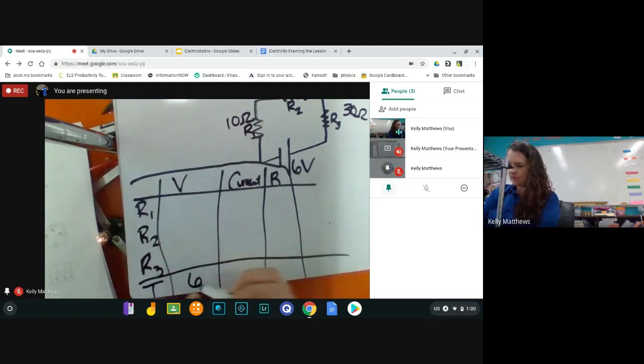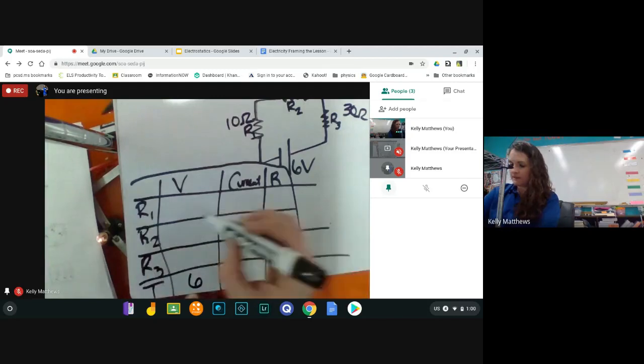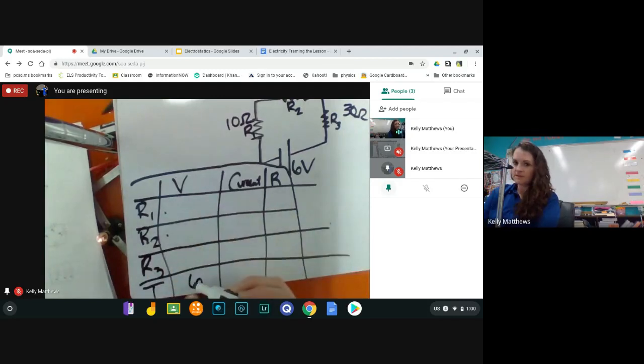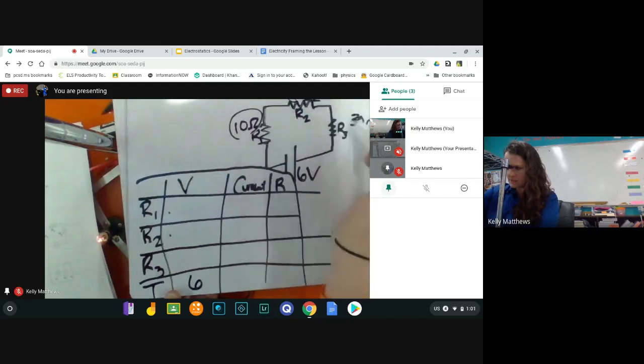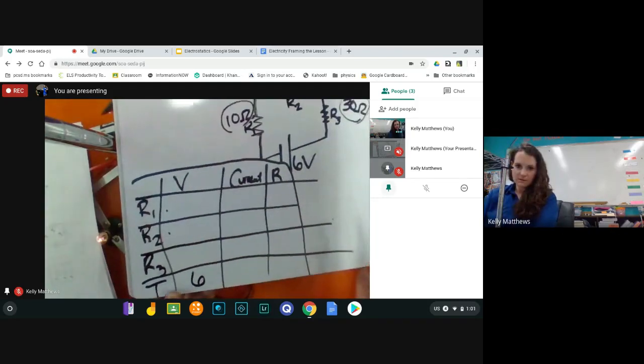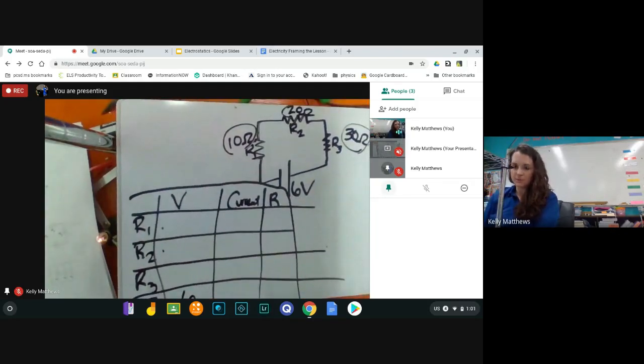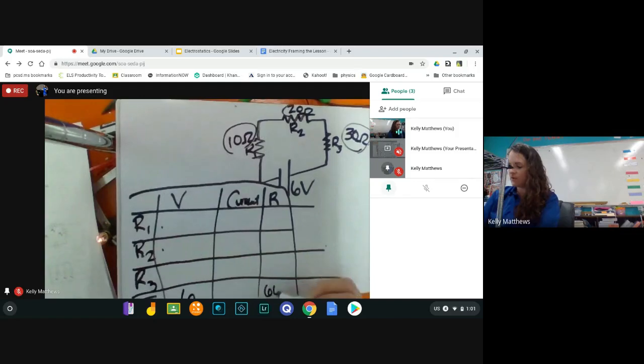And so if the total voltage is 6, well, what we know is that this plus this plus this had better add to be 6 when we get all said and done. We know that total resistance comes from adding the resistances of each of these pieces. So we should just say 10 plus 20 plus 30. And so we have a total resistance of 60 ohms.